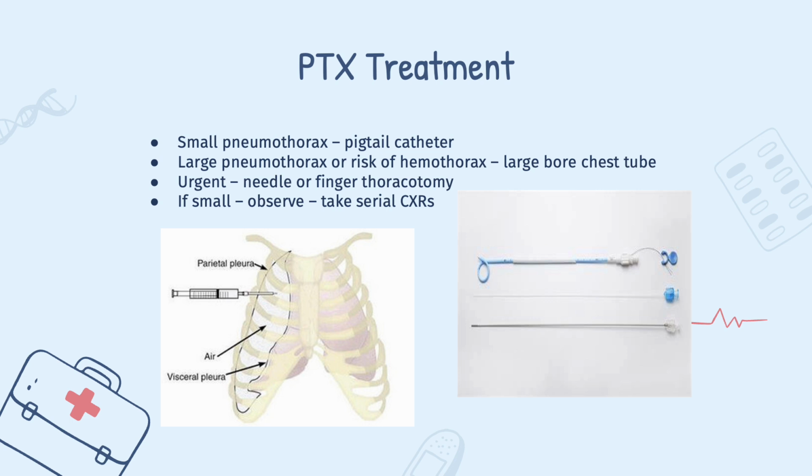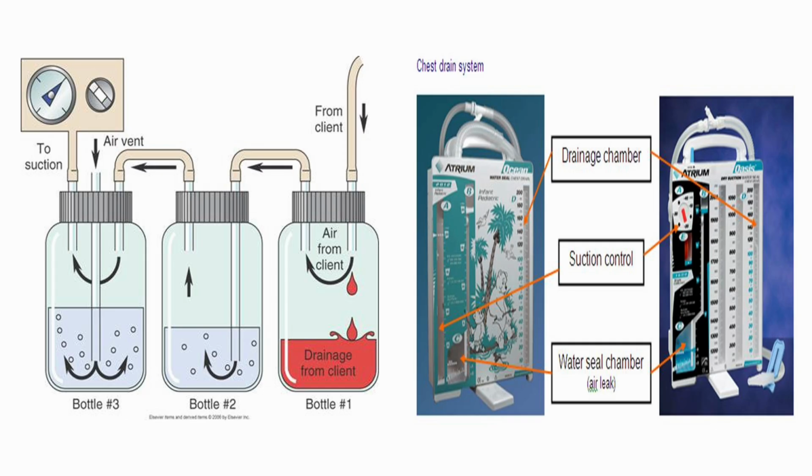Sometimes these self-resolve, but remember to take serial chest x-rays to really keep a good eye on whether it is enlarging or resolving on its own. So this is what the chambers look like in order to keep the air from going back into the chest tube. So it's a pressure gradient.